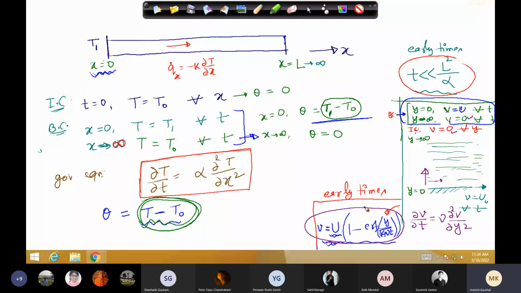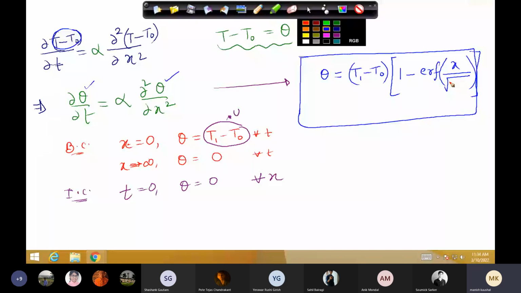Just see the equation carefully and tell me what it will be. In place of y, we have x because we have taken x as the heat flow direction. What it will be? Yeah, Samvik, what it will be? Yeah, in the denominator, square root of?